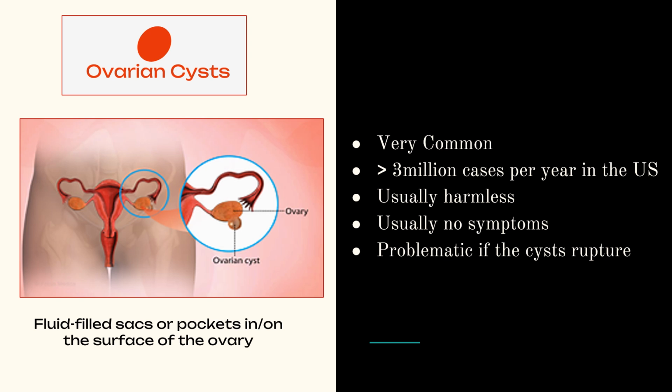And the cyst is actually a fluid filled sac or pocket in and on the surface of the ovary. It's very common. Greater than 3 million cases per year in the United States alone are diagnosed.